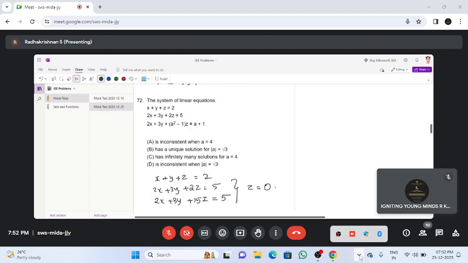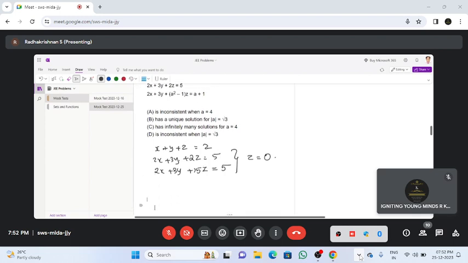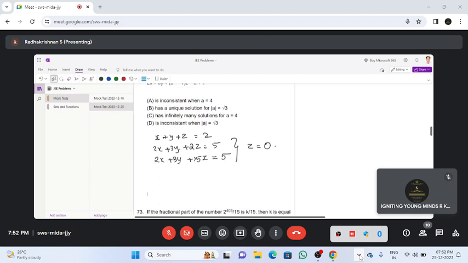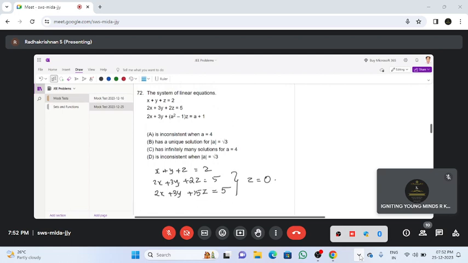So it is not inconsistent, and not infinite solutions. Let's look at the other option, mod a equal to root 3.